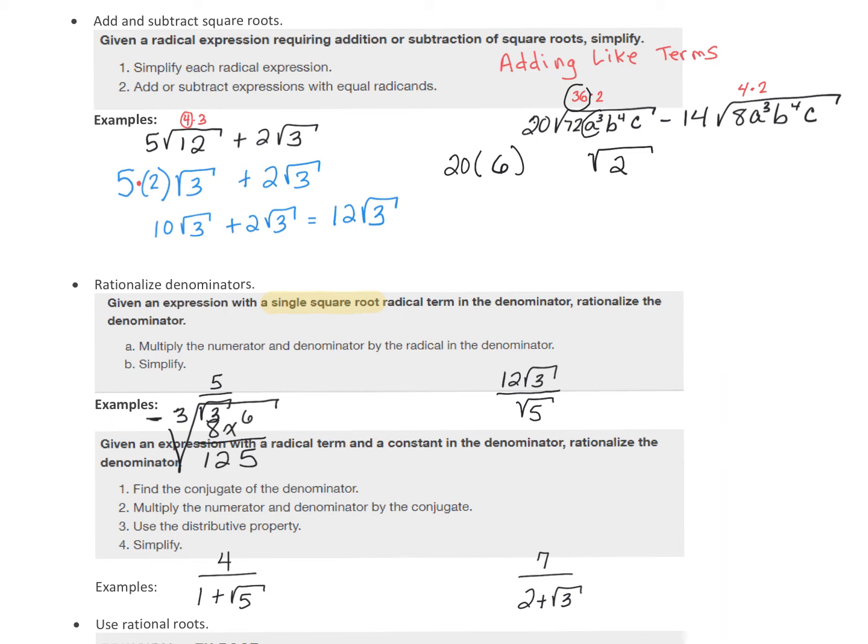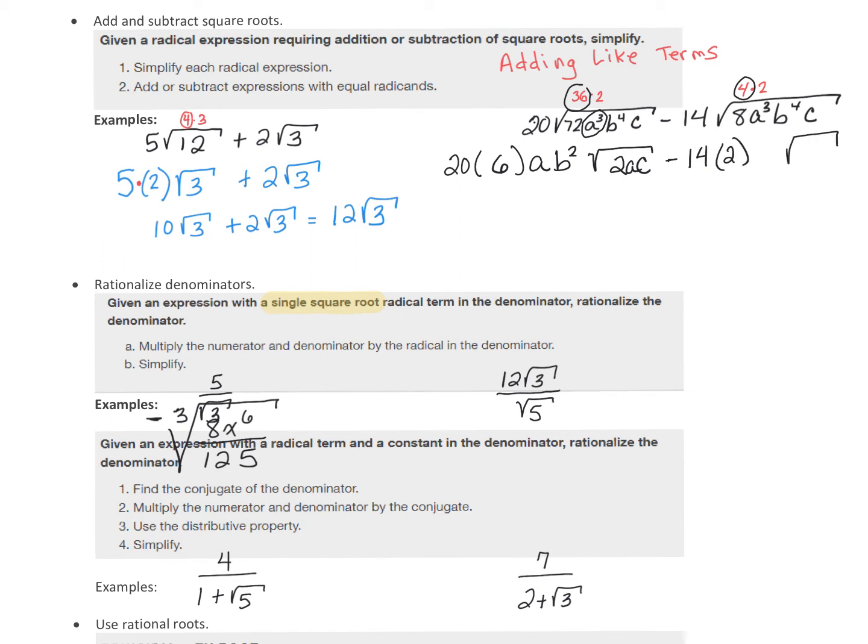If I have 3 a's, that's a squared times a. I can take 1 out, leave 1 inside. For b to the fourth, that's b squared times b squared, so we can take out a b squared, no b's left over, and a c left over. We'll do the same thing here. We've got square root of 4, which is 2.